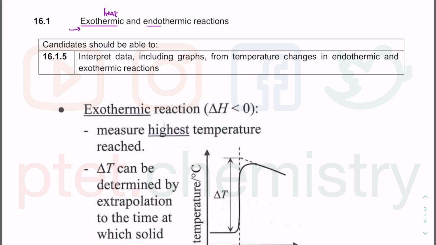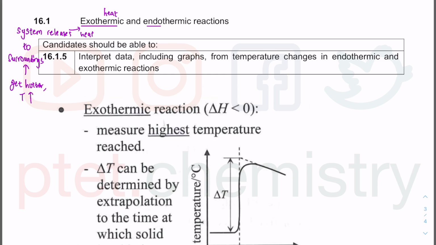So what happened to the heat energy? Exo refers to outside, so what it means is the system releases heat to the surrounding. When you release heat to the surrounding, your surrounding, the outside, will get hotter. If it gets hotter, then the temperature would increase.